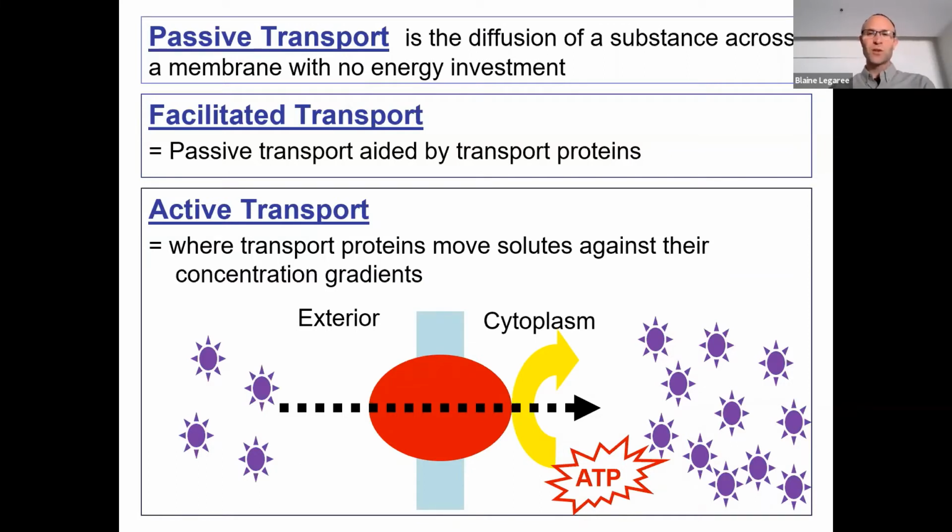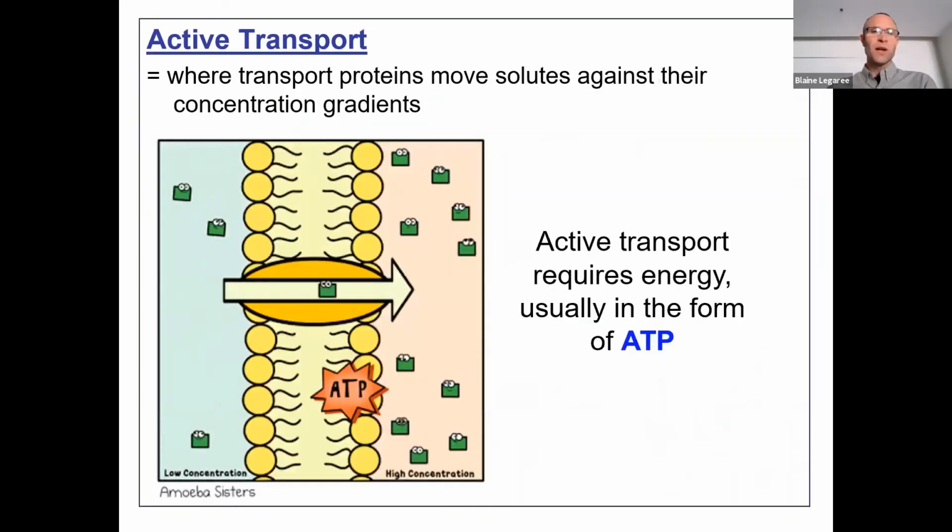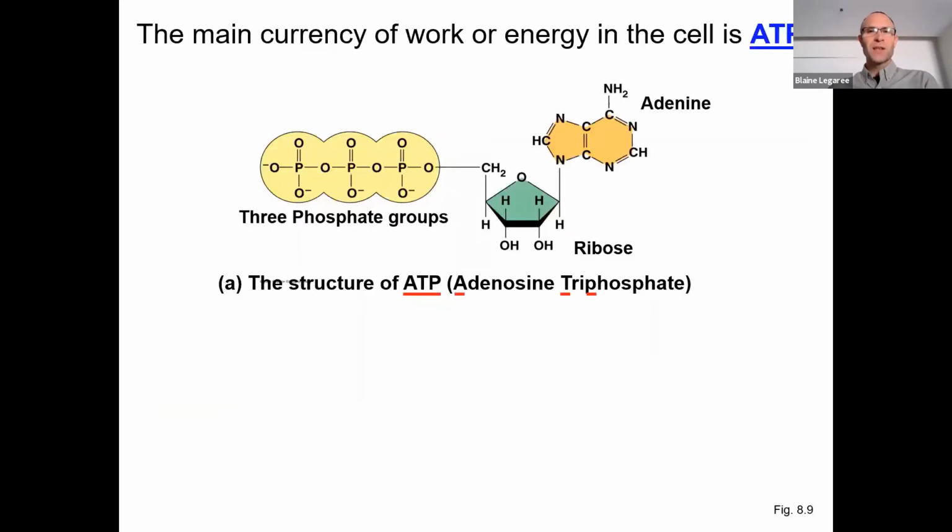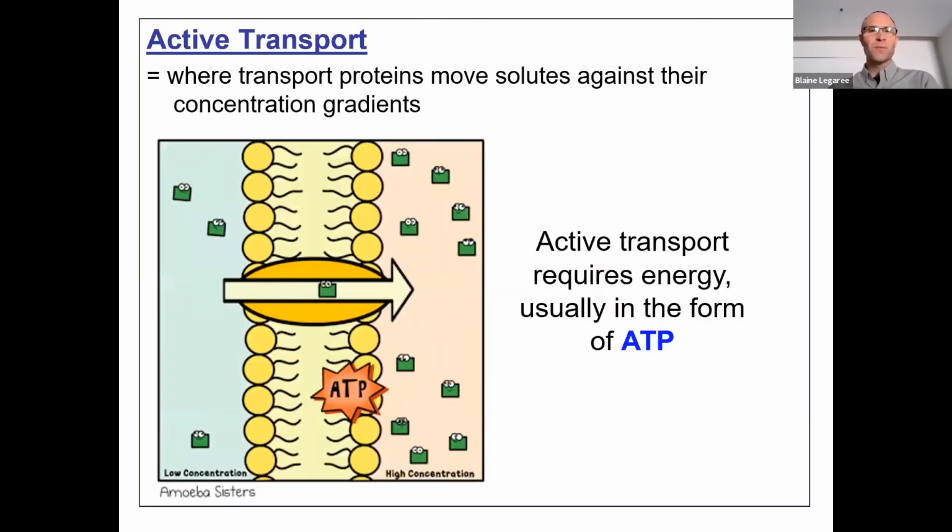So it's going to take energy in order to do that. Here's a little animation showing ATP getting hydrolyzed, and whatever that green molecule is, it's going in. The classic example of active transport is the sodium-potassium pump.